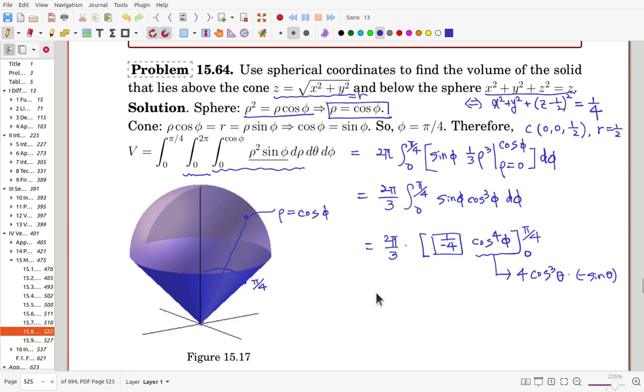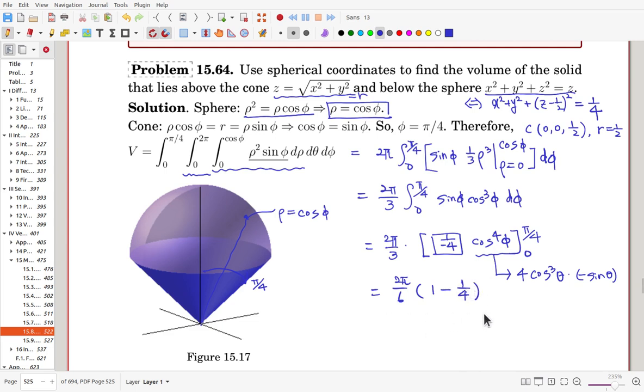Okay, so by combining these two, we have now a 6 and 2 pi on the top, right? And here, along with this negation, we first evaluate at phi equals 0, which is 1, and at phi equals pi over 4, then 1 over square root of 2 to the fourth power will be 1 over 4.